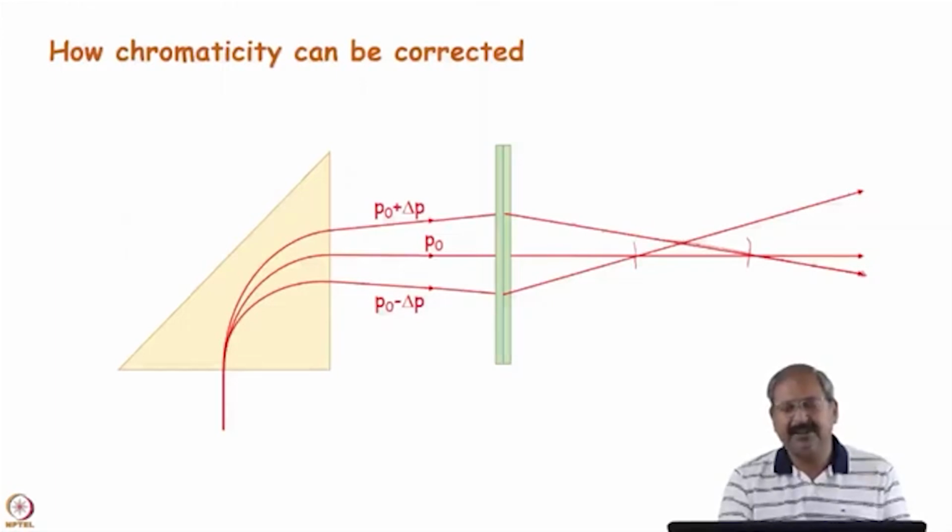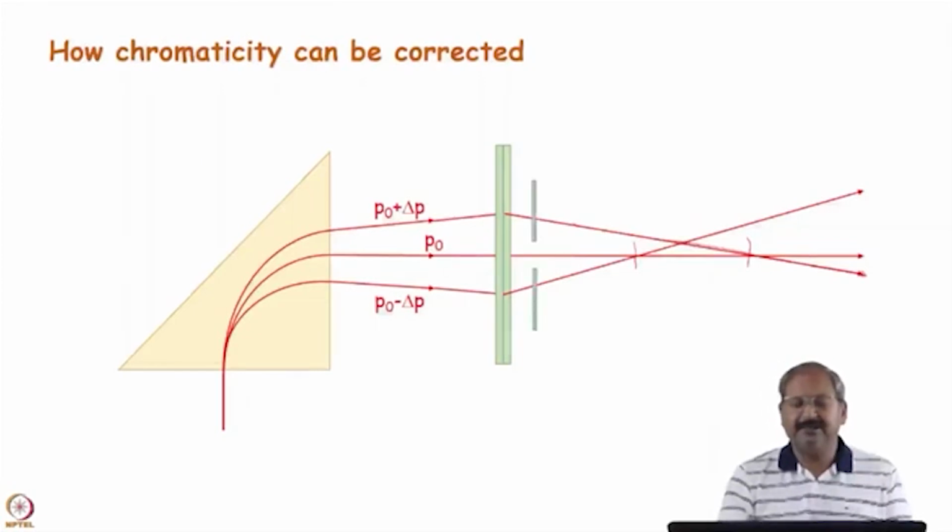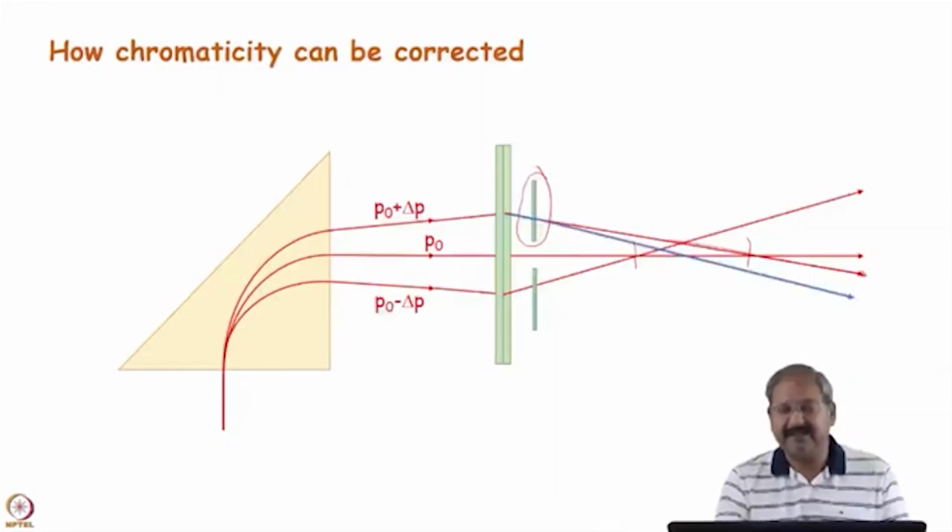This means the focal length of the higher momentum particle should be decreased and the focal length for the lower momentum particle should increase. And how can we do this? We can consider that there is some focusing lens which focuses the higher momentum particle. So instead of reaching there, these particles reach here.